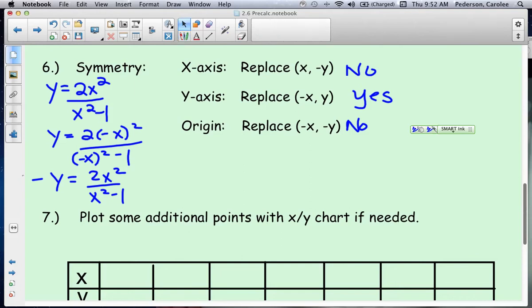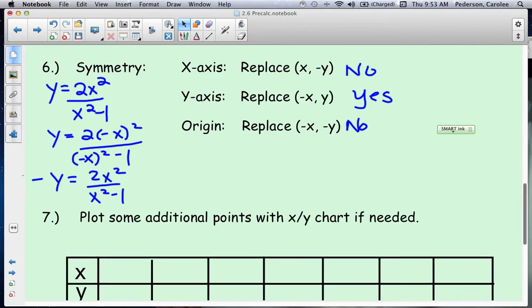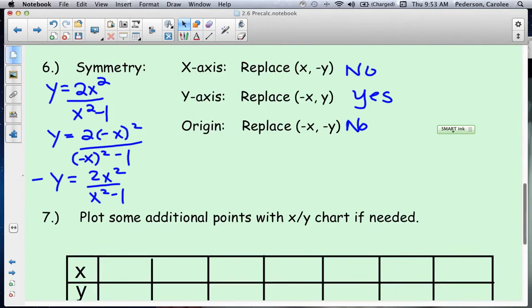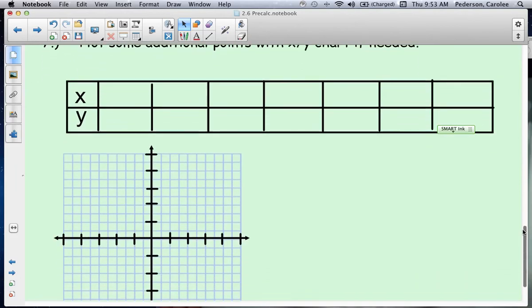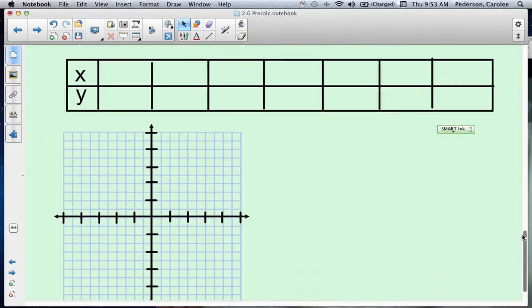So step 7, I kind of wait until after I start graphing what I've already found in steps 1 through 6, and then see what additional points I might need. So go ahead and make an xy plane.